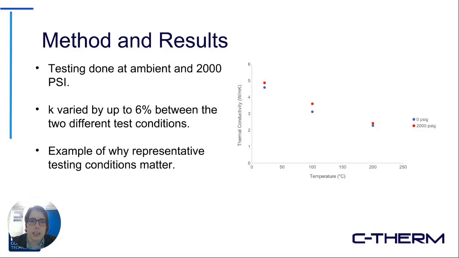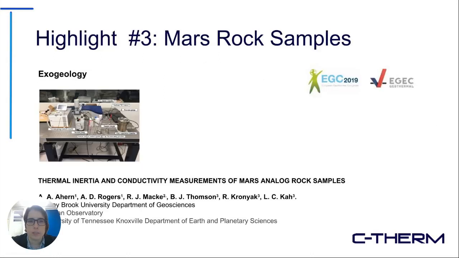You can see obviously here, even at the same temperature points, the applied pressure does have a significant effect on the thermal properties of these samples, which is a very good example of why making sure your testing conditions are representative of the sample's actual environment can be very important in terms of making sure you're working from reliable data.